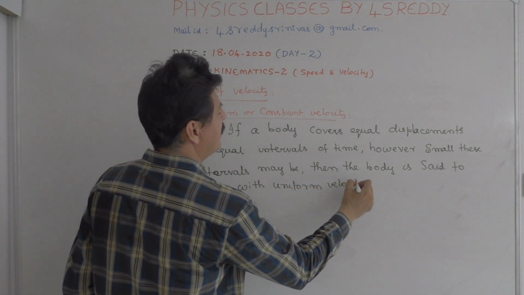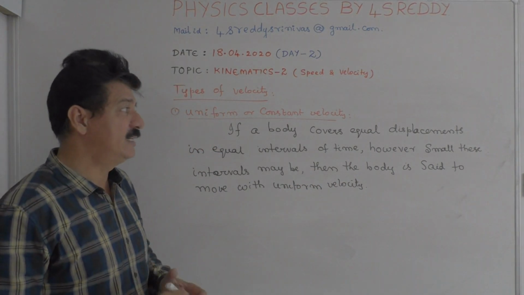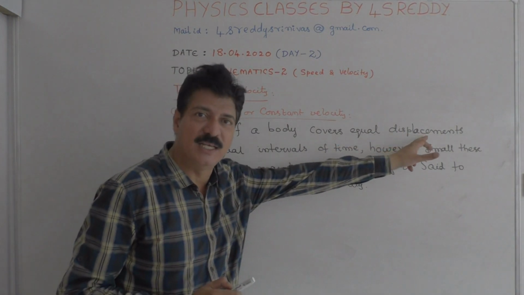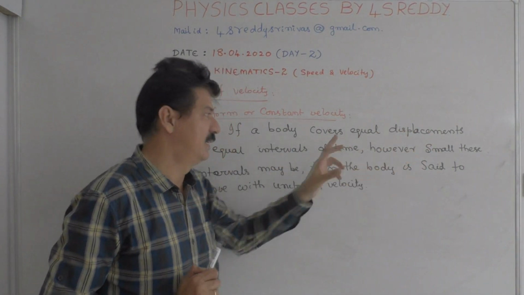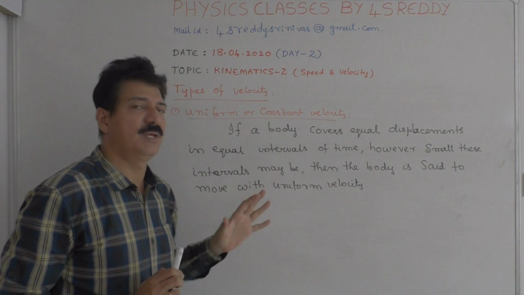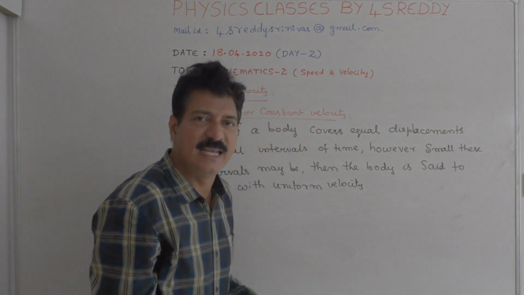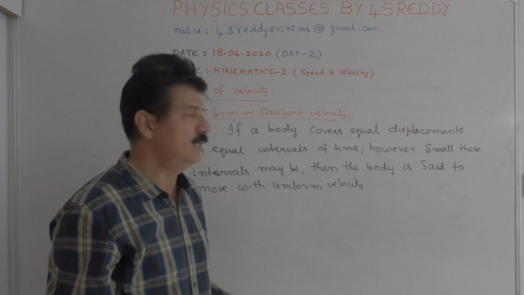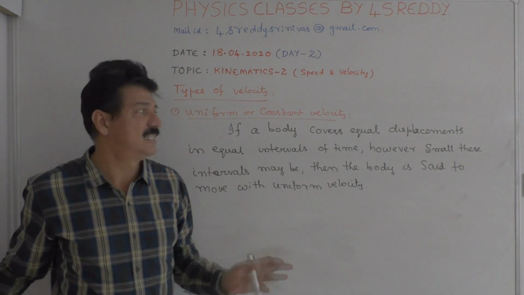It's very simple. Suppose in the place of displacement, if you write distance, then it becomes speed. So, very simple: uniform or constant velocity.